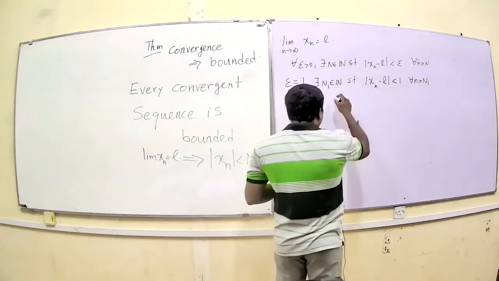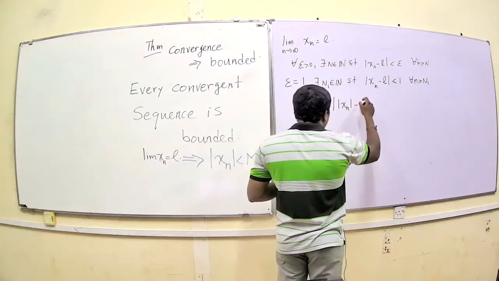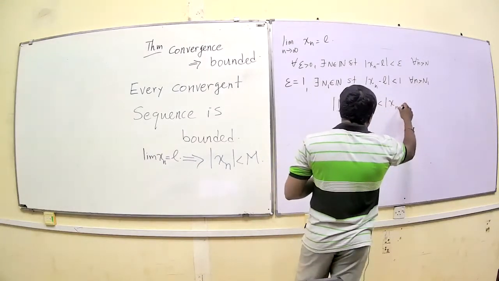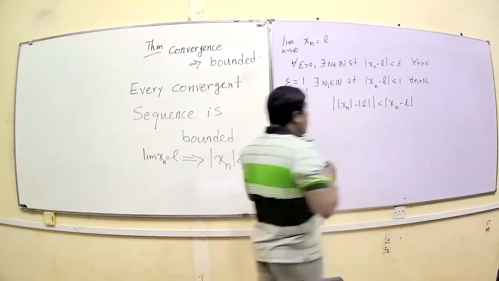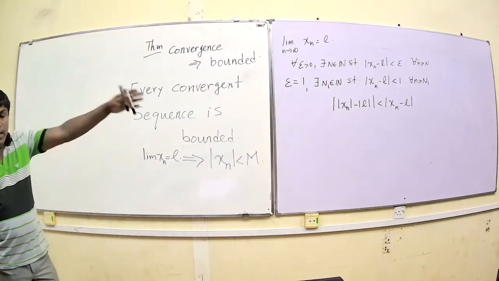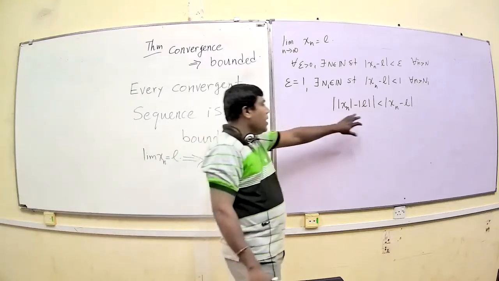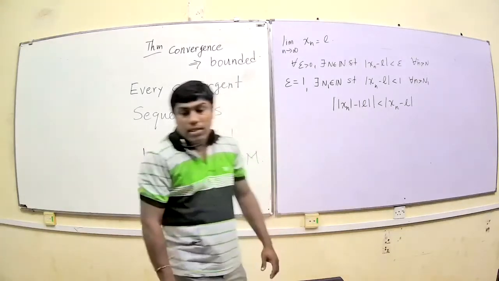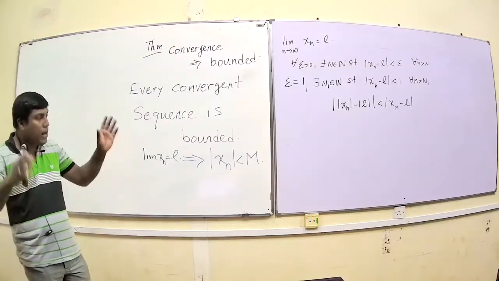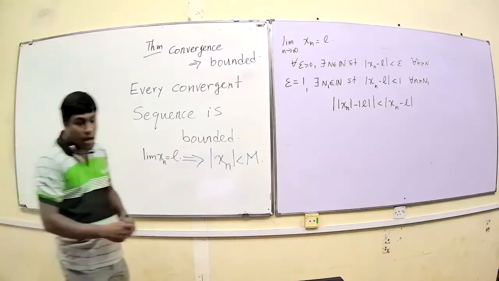But you know that a consequence of the triangle inequality, which we studied in the first chapter, is that the absolute value of xn minus the absolute value of L is less than |xn minus L|.